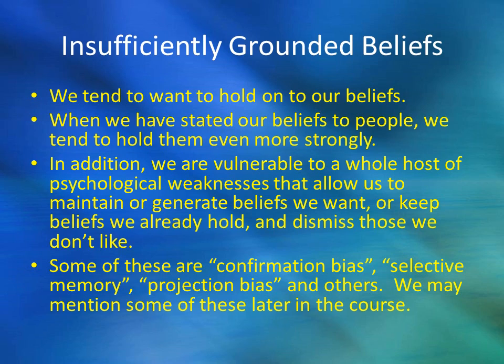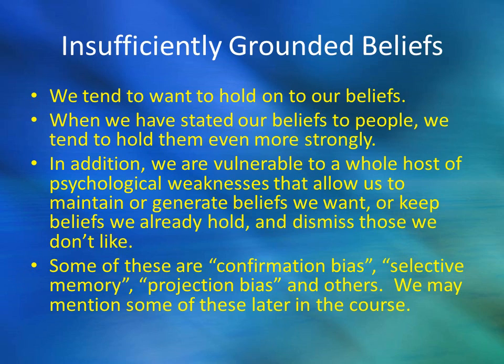In addition, there are lots of psychological weaknesses that encourage us to maintain beliefs that we already have or generate the types of beliefs that we want. And these can cause us to make errors.